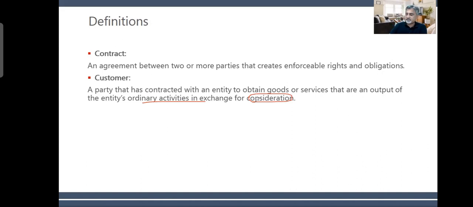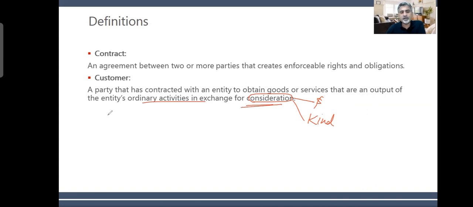When we say consideration, it could be in cash, or it could be in kind, which means not cash but some other thing. So you provide some services to someone, and in return, they also provide some services, or they give you cash, or they give you some other assets, or they reduce your liabilities. Anything can happen. So consideration should be there.